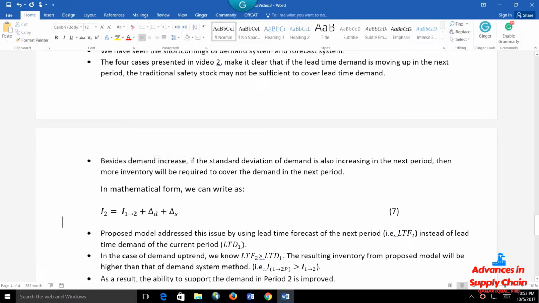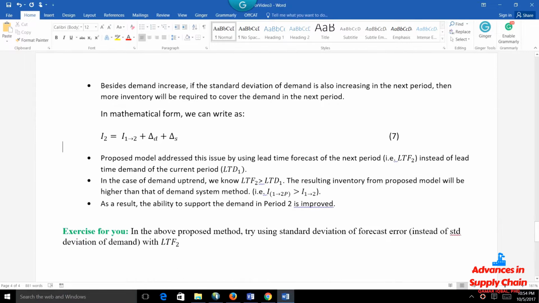You'll see that when you have two variations here, delta D and delta S, and demand is changing, and also standard deviation is changing, then you need to carry more inventory. I don't think it will be very difficult for you to understand that.